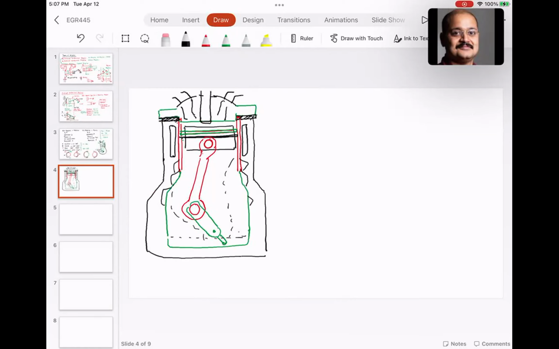So I haven't shown you the valves. This is the intake valve, this is the exhaust valve, this is the spark plug. This is the piston. This is the cylinder. This is the cylinder liner. This is the cylinder. This is the water jacket.